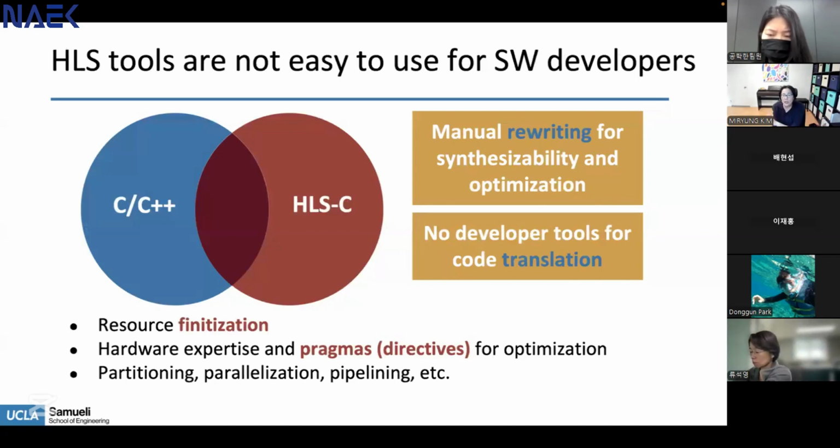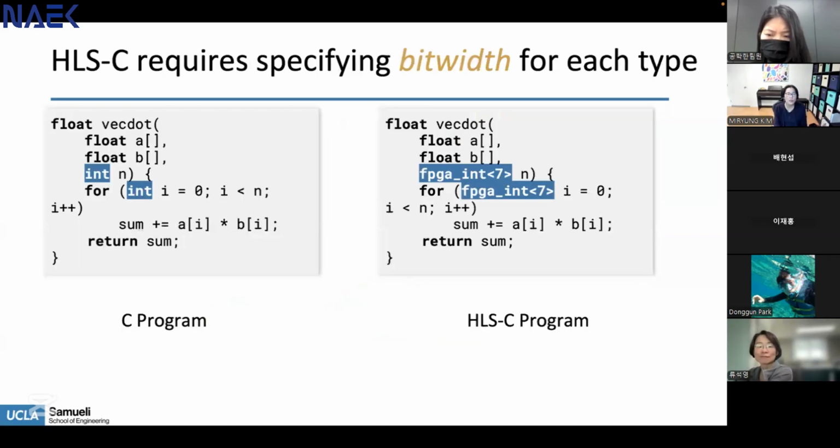In the next 3 slides, I'm going to talk a little bit using examples. When you are writing C code, we're very used to types like an integer, which is usually implemented as 32 bits on a CPU. But when you are working with an FPGA, you have to know the right bit width, and then you can use bit width optimization to, let's say, represent a value like an age, which doesn't require 32 bits.